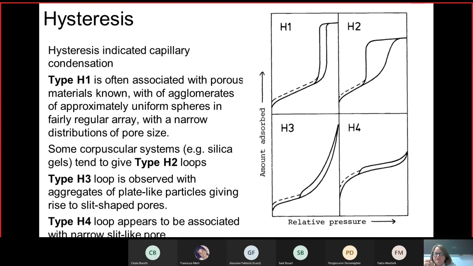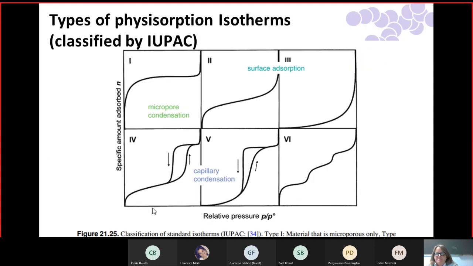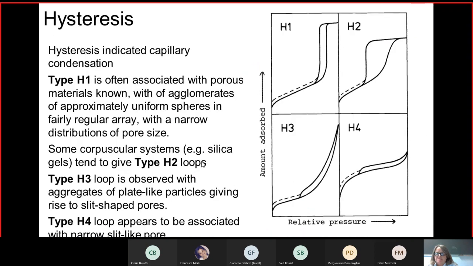And in fact, that is actually what we see with the aerogels. And these others are seen for different types of materials. So in addition to learning something about your material based on the shape of this curve, you can learn something based on the shape of the hysteresis. And this reference is sort of the standard for looking at the isotherms.